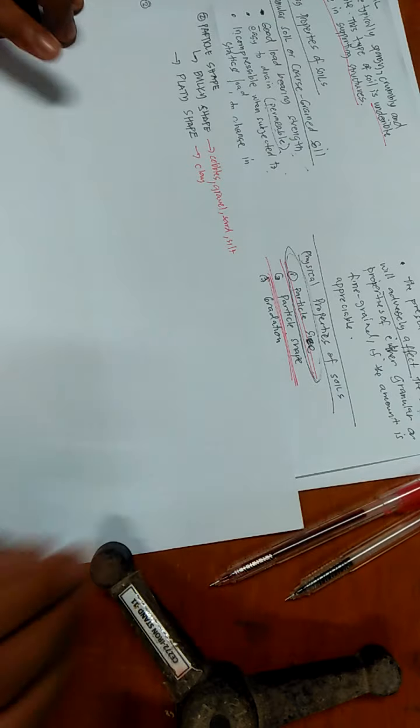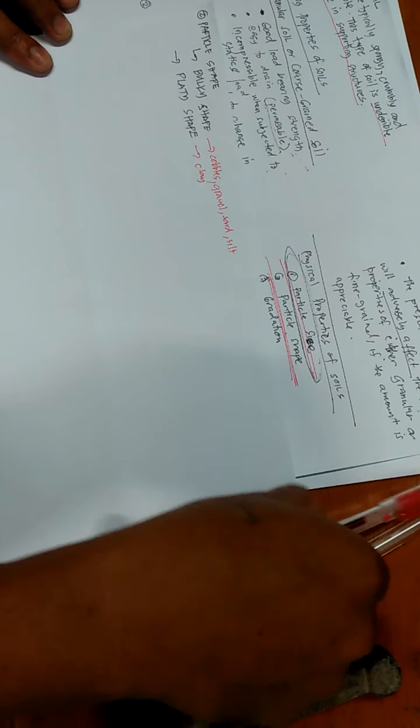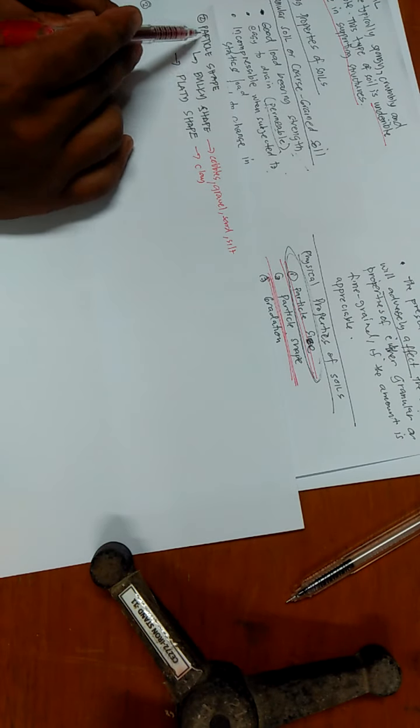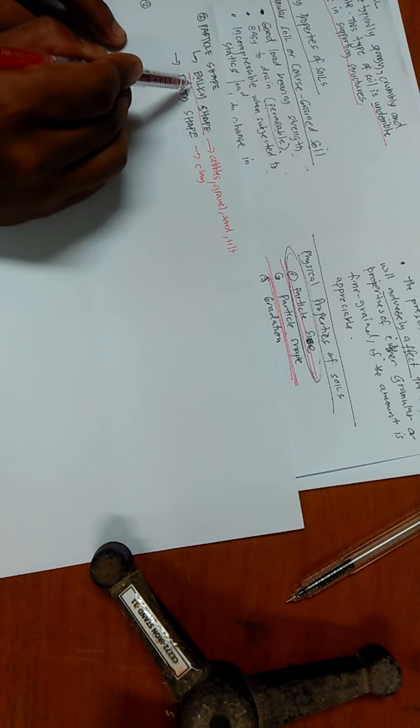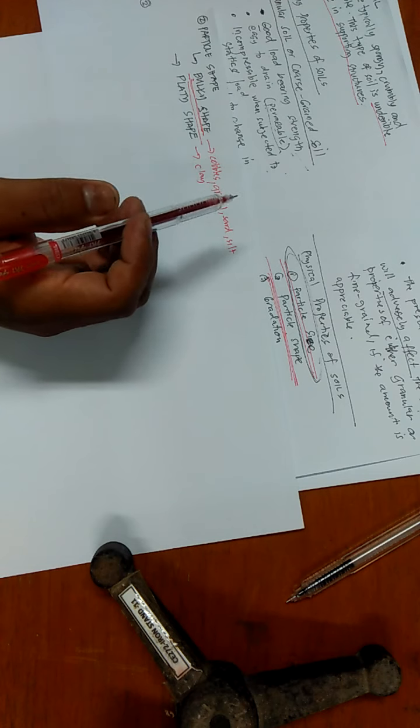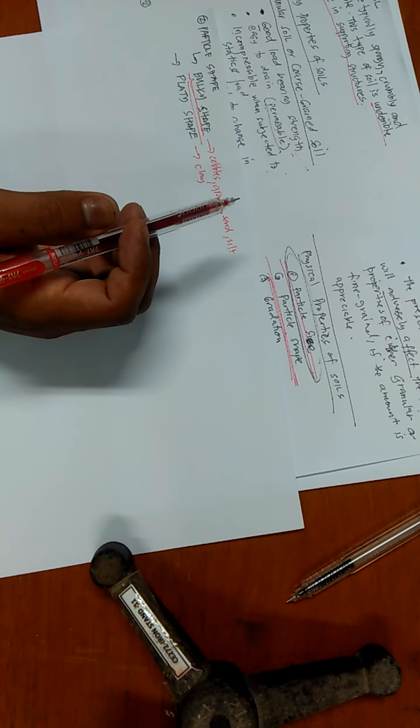Alright? So ngayon, going back to the two types of particle shape, which is your bulky shape and flatty shape. Sa bulky shape kasi natin, meron siyang apat na subdivision.